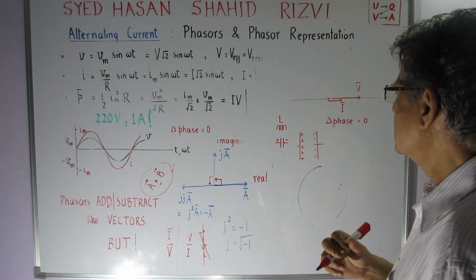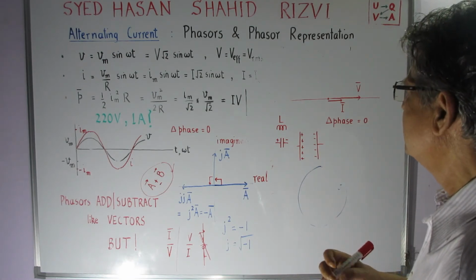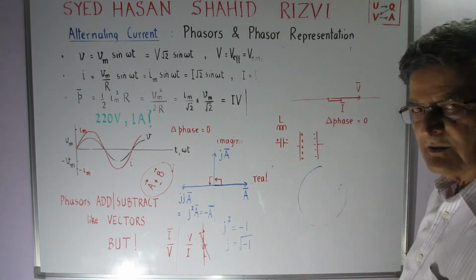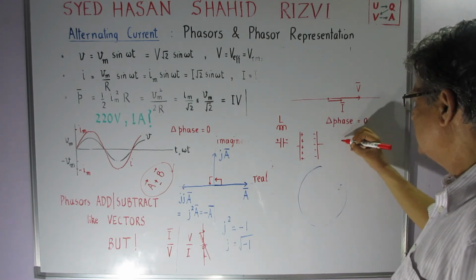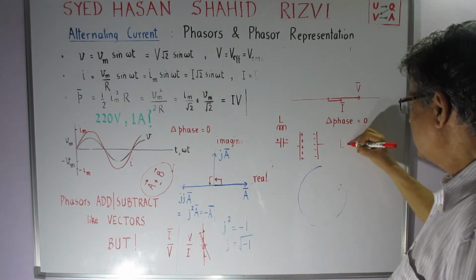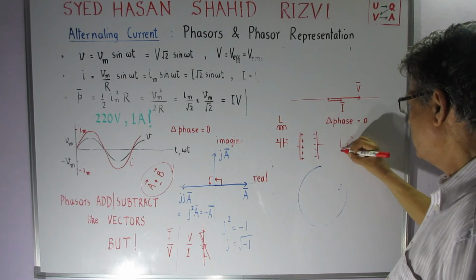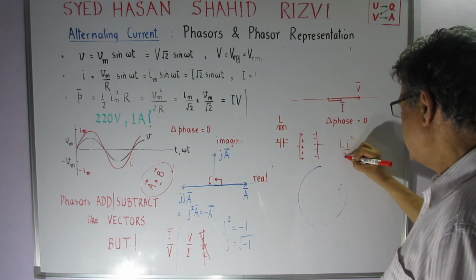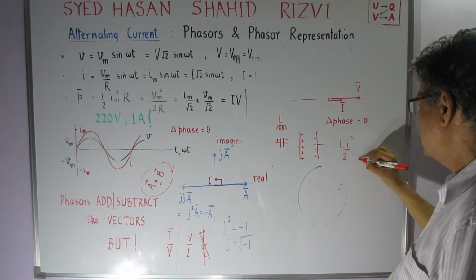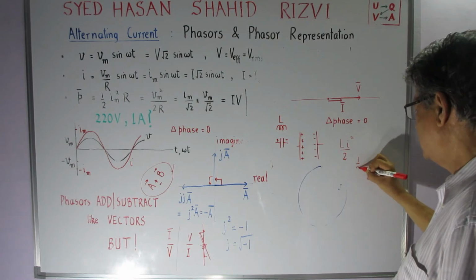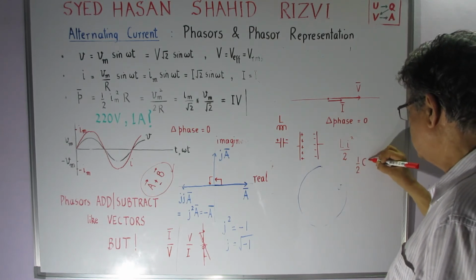And the beauty is that when I have L, there is half L i square, and when we have the capacitor, we have half C V square.